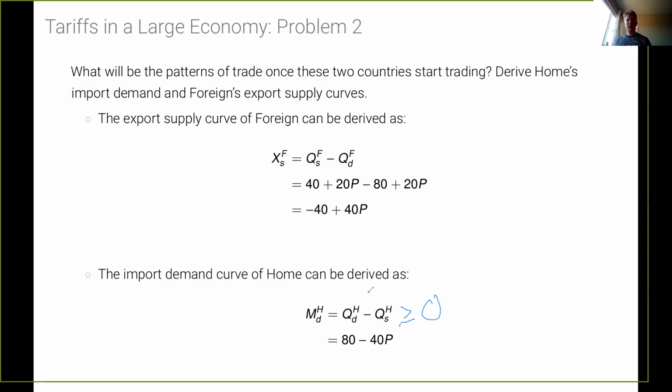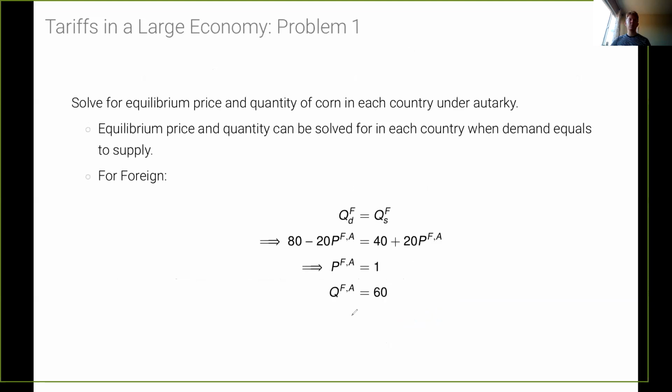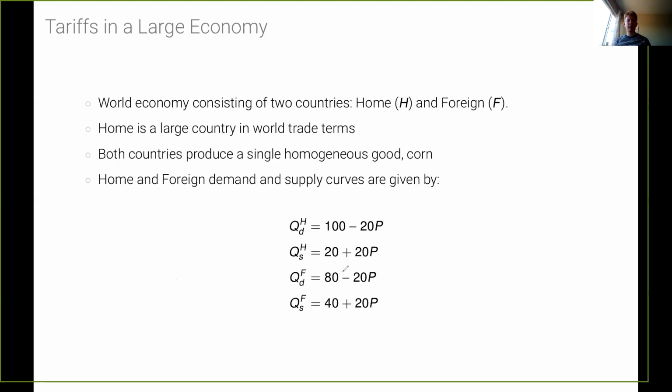So again, we're going back to these equations right here, and all I'm doing is, if I want to figure out home's imports of, say, corn, then I'm taking home's demand minus its supply.